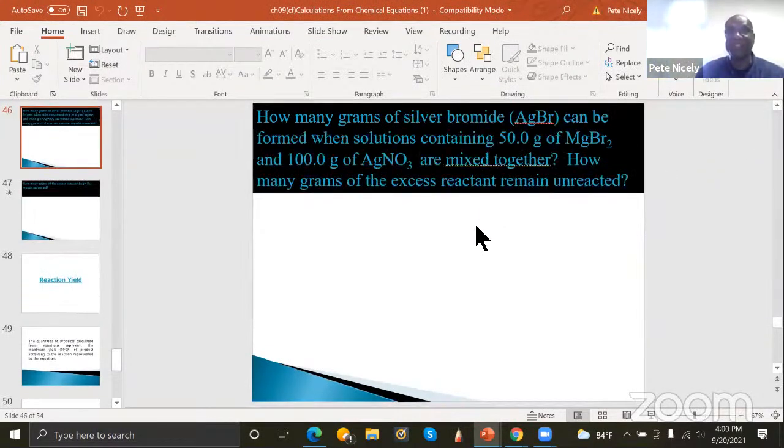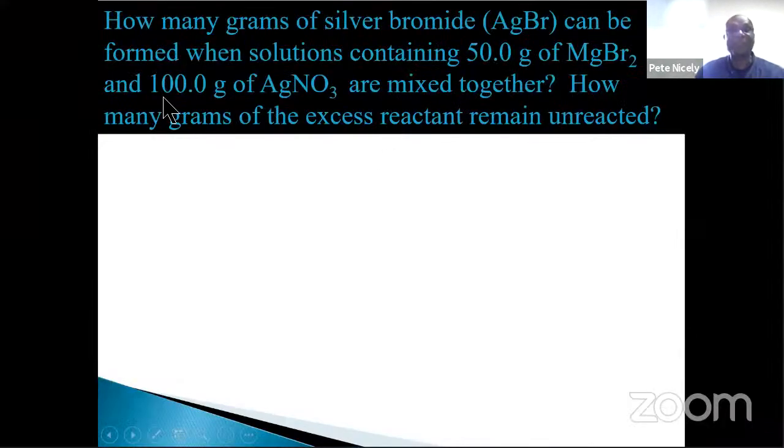Going back to this example here, let me make this full screen. We determined in this case how much of a particular product can be formed.